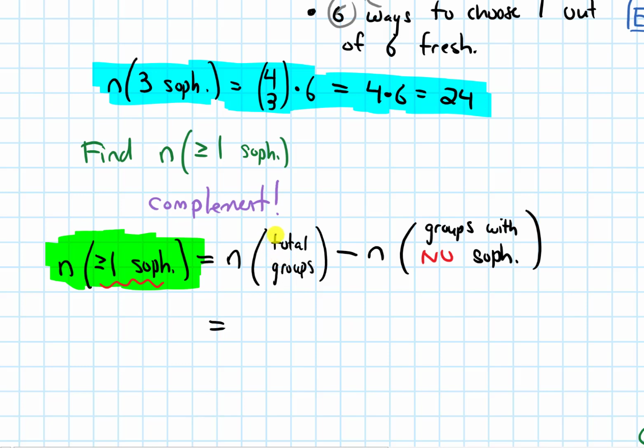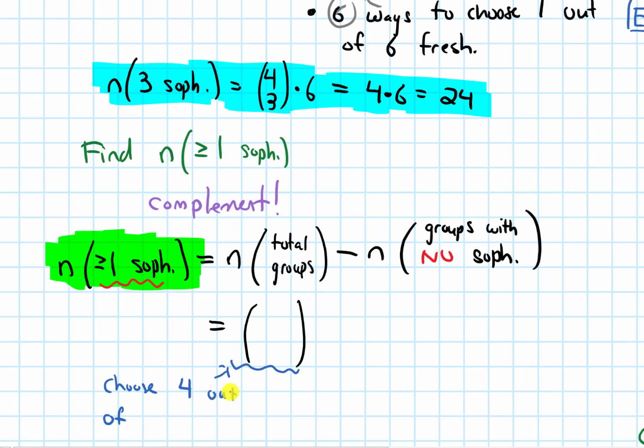When I find the number of total possible groups, the order in which I pick the four people doesn't matter, so I'm going to use a combination. Let's think about how many people I'm choosing, and from a group of how many. We need to choose 4 people for our group out of, and there's no restrictions here because I'm counting the total number of groups.